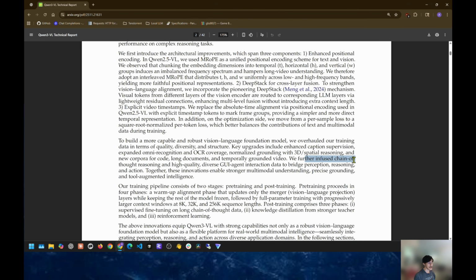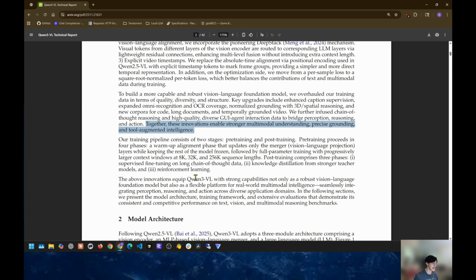We further infuse chain of thought reasoning and high quality diverse GUI agent interaction data to bridge perception, reasoning, and action. I really like this last part because that's in line with what I'm doing day to day as a hobby and work. Together, these innovations enable stronger multimodal understanding, precise grounding, and tool augmented intelligence.